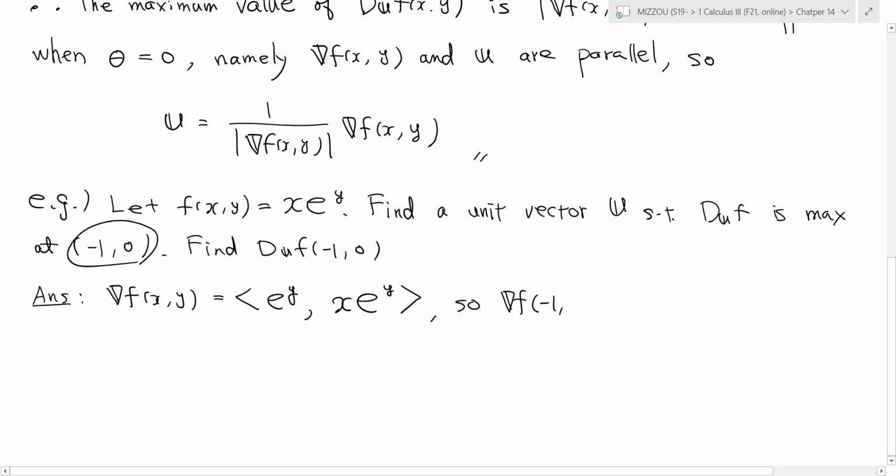So at this point, the gradient is computed as, to be precise, e to the power of 0, -1 times e to the power of 0. And that's 1, -1.